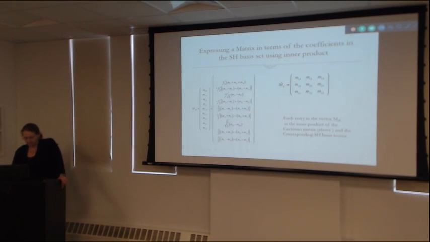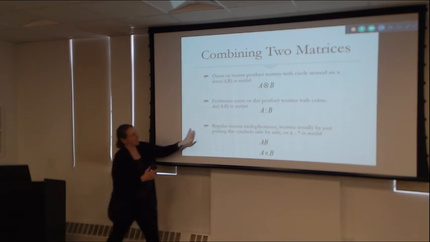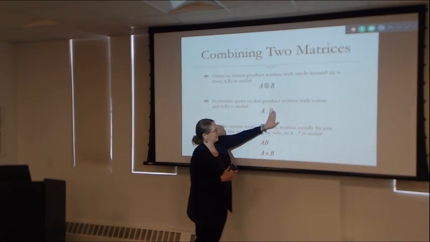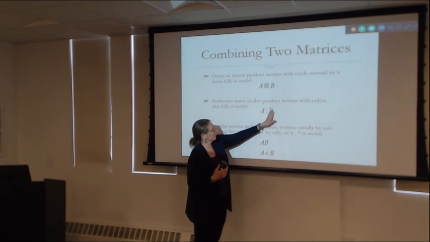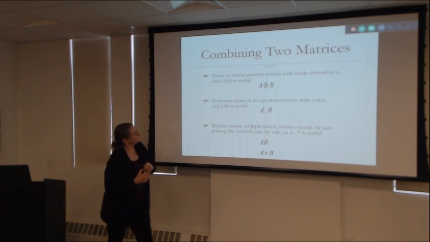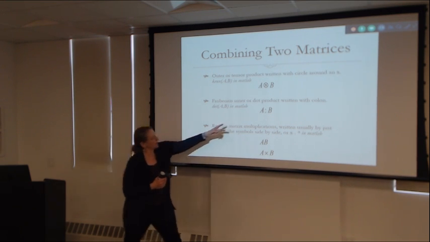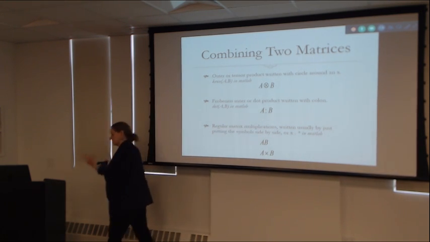It's a basis set for your matrix. And that inner product, when I combine M with, for example, T_LM, T00, is a kind of multiplication. It's an inner product or dot product, or some people call it a Frobenius product. I'll be writing it with a colon, two dots, because it has two spatial indices.